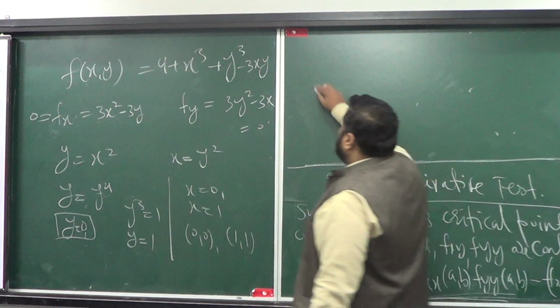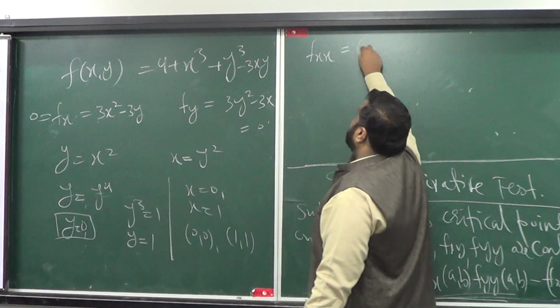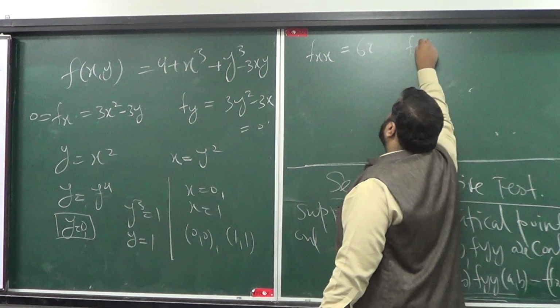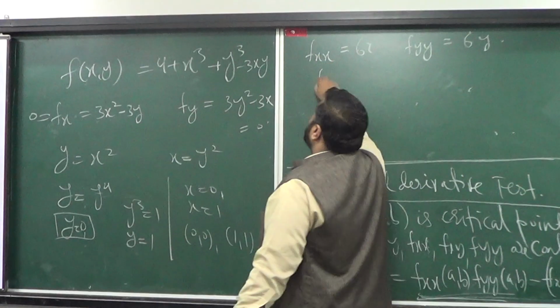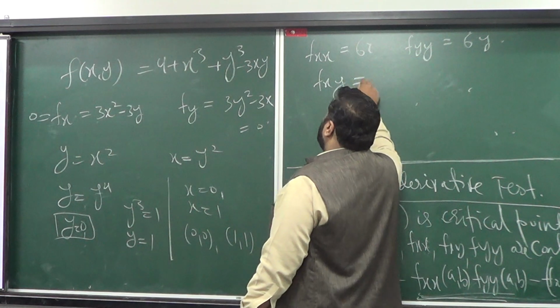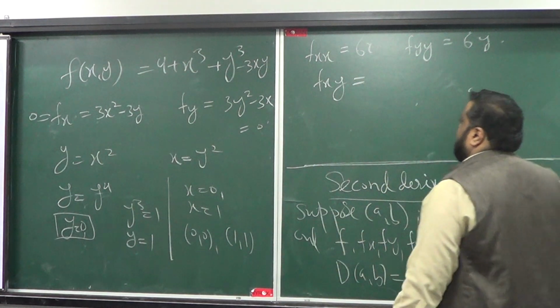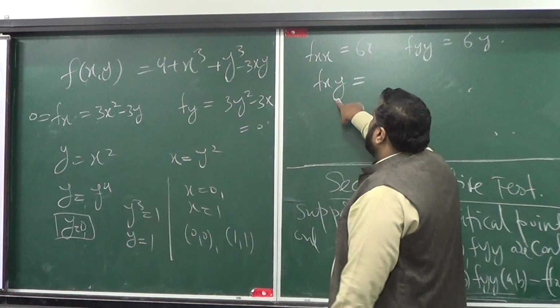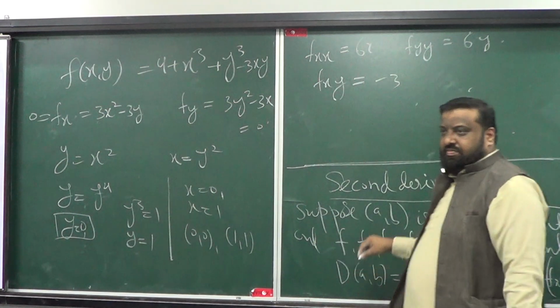So what should I calculate next? So let's calculate fxx, which is going to be 6x, fyy, which is going to be 6y, and let's calculate fxy, or fyx, doesn't matter, which is going to be -3.